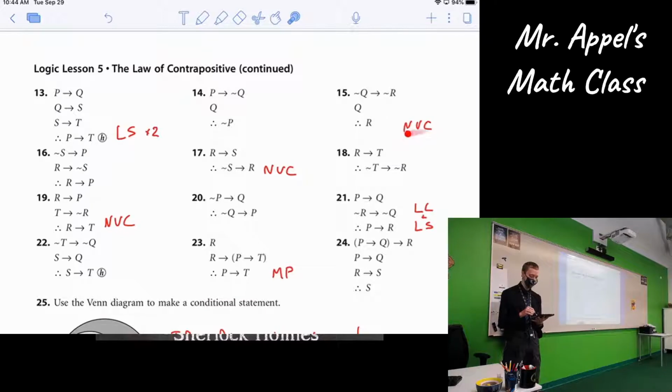That is no valid conclusion. 17, they've done something rather odd here. Their conclusion, they've reversed it. Instead of going from R to S, it's going from S to R, and they've negated the S, but they didn't negate the R. So for lack of that one negation, it is no valid conclusion. Almost, but not quite the contrapositive.